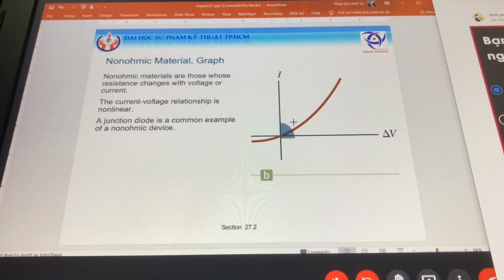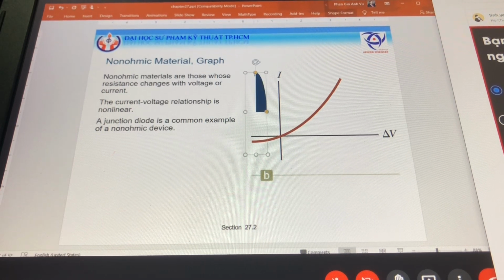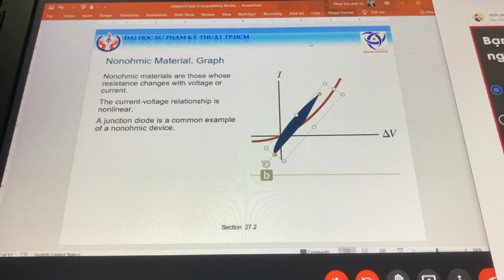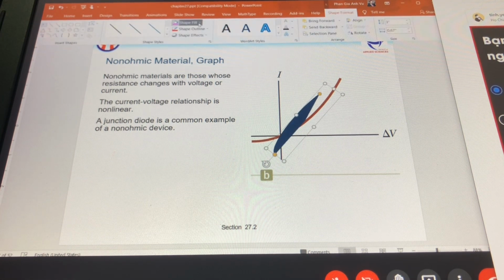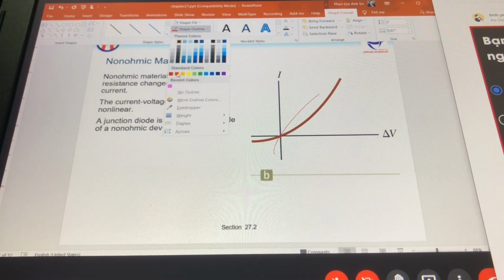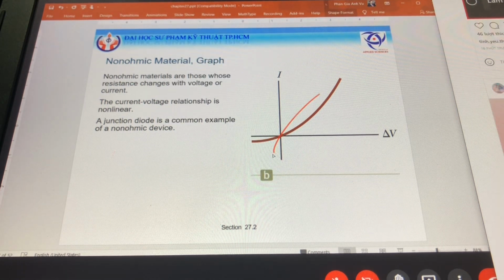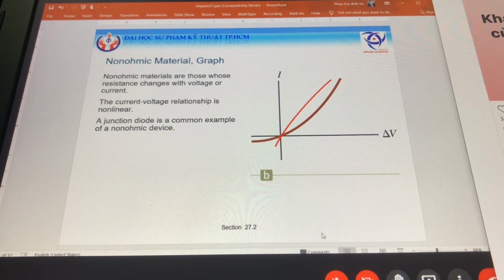I can draw another. The curve can be this one. Okay, so some type of curve. It should not be linear, it's okay, right?